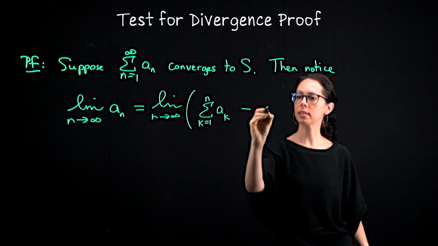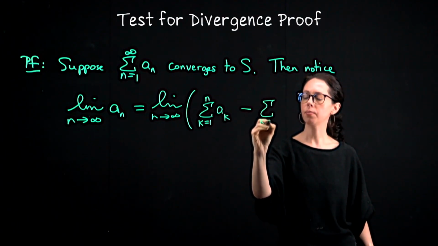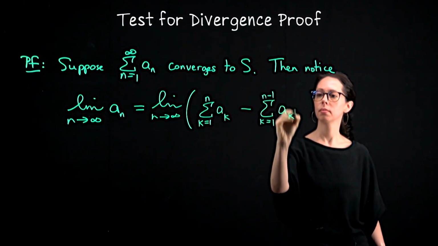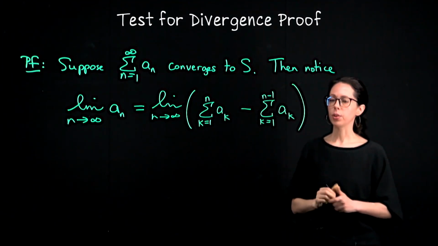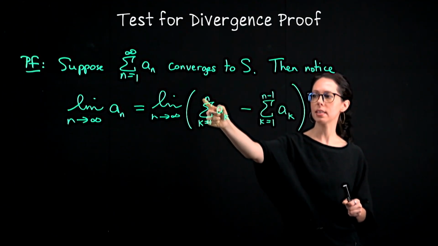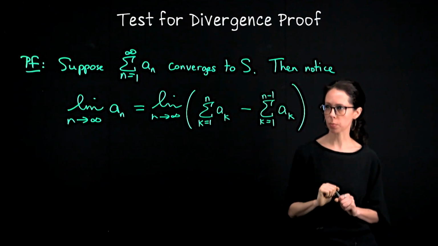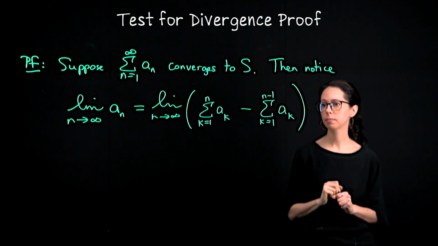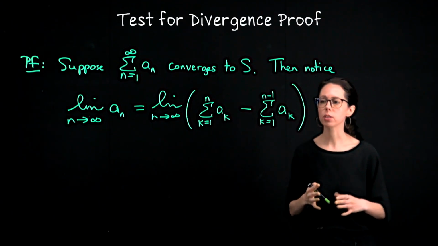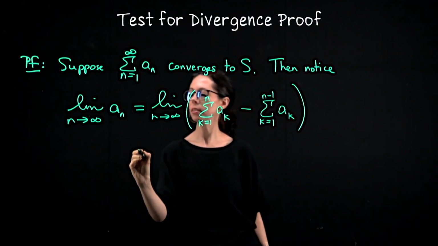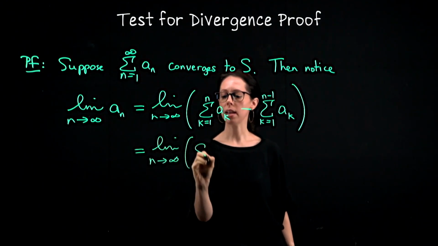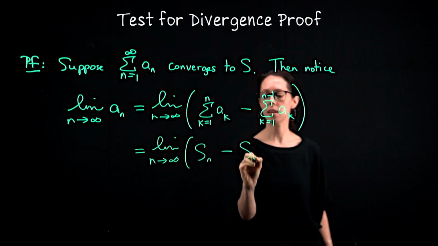This minus the sum where we add up from the first term to the n minus 1th term. If you compare these two sums and take their difference, the only thing that doesn't get canceled is the last term that we add up in this first expression, which is a sub n itself. We named this the nth partial sum. This is the n minus 1th partial sum, so I'm going to rewrite this using that notation. So this is the limit as n goes to infinity of s sub n minus s sub n minus 1.